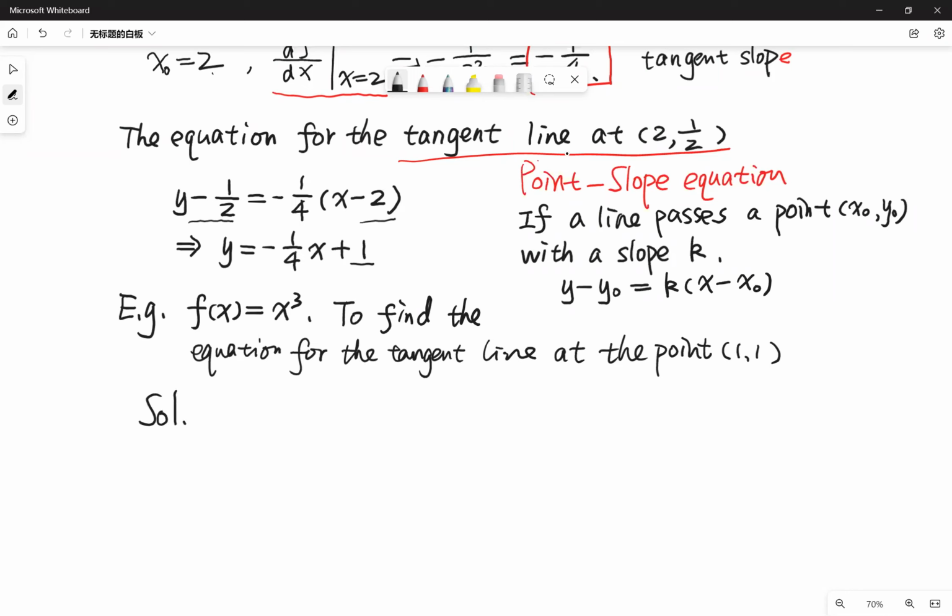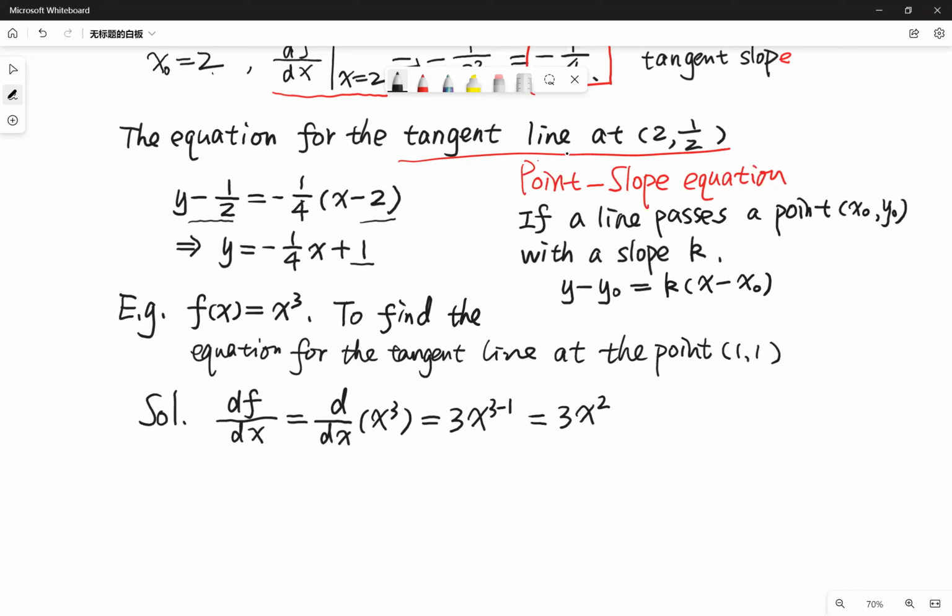So first, the derivative of the function is df by dx, where f is x cubed, by dx. And it is equal to 3x squared, using the power rule, x to the 3 minus 1, which is 3x squared here.